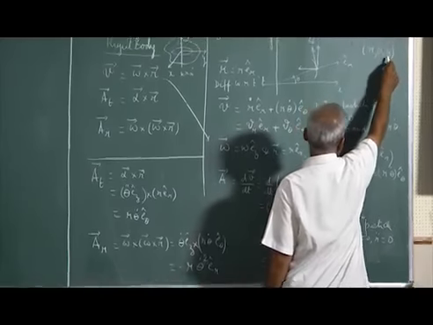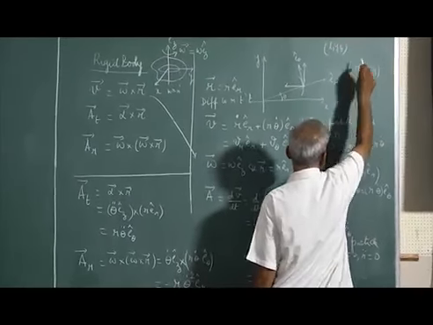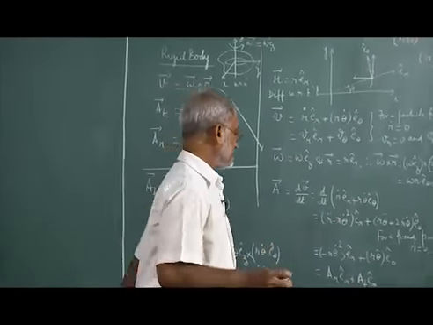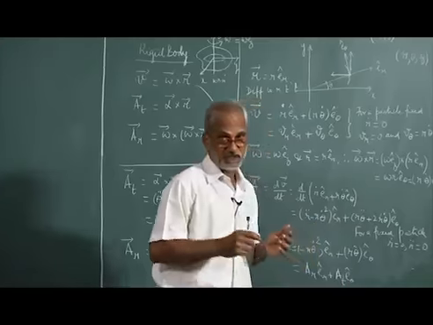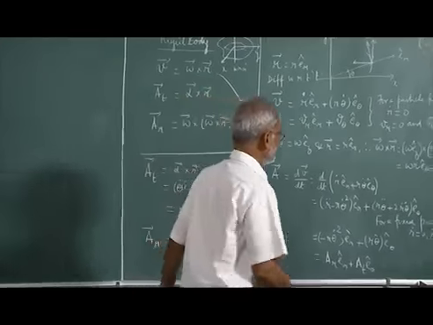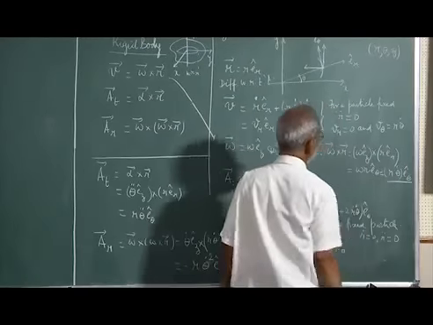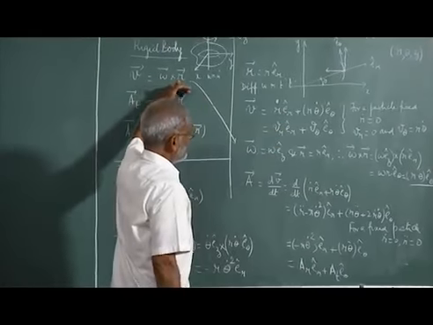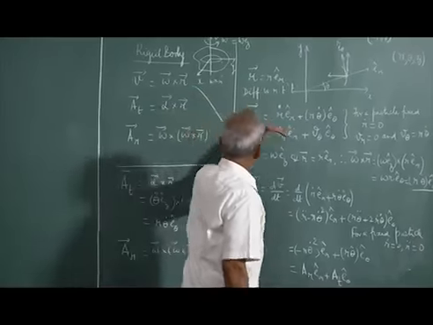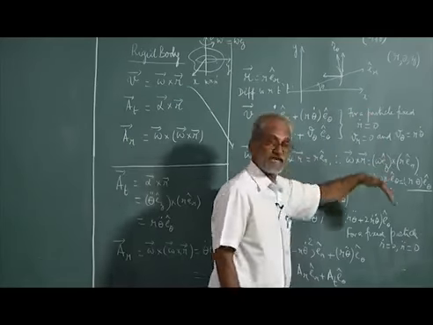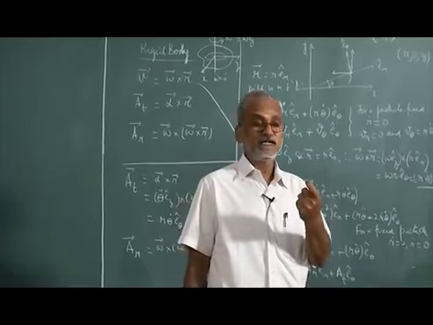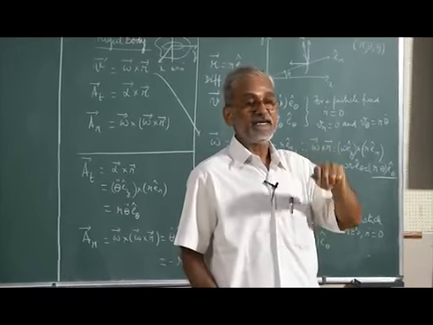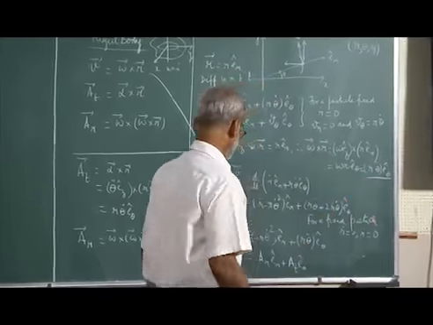Ez cross Er would be E theta, just like i cross j is k, j cross k is i, in that sense I will get here E theta. Now you see that whatever results you get from here are obtainable from the free motion of a particle in 2 dimensions, subject to the condition that you are fixing the radial coordinate.